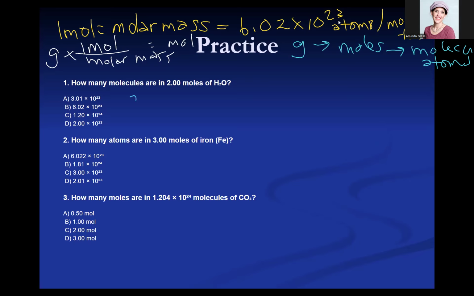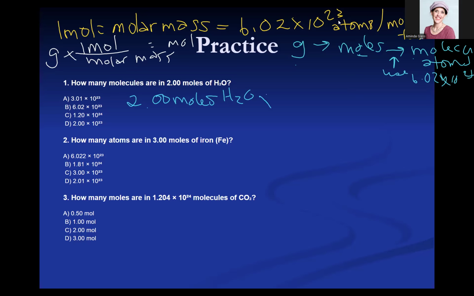Well, we know we have 2.00 moles of H2O. I look up here and I know I can go straight from moles to molecules, so I'm good. To do this, I use Avogadro's number. So we use 6.02 times 10 to the 23rd to do this.